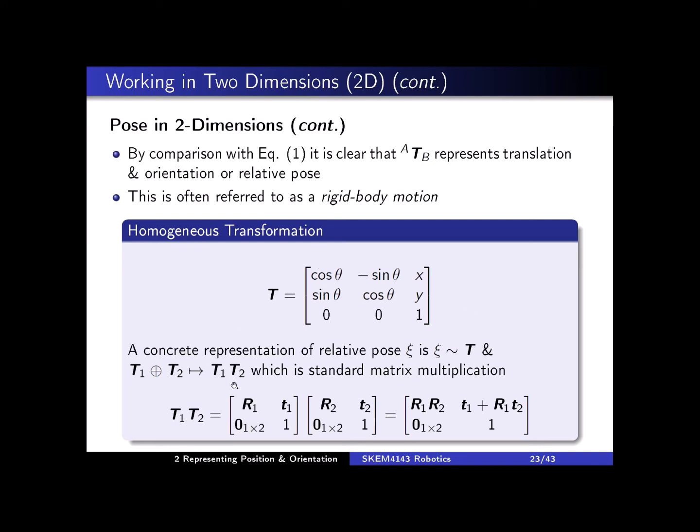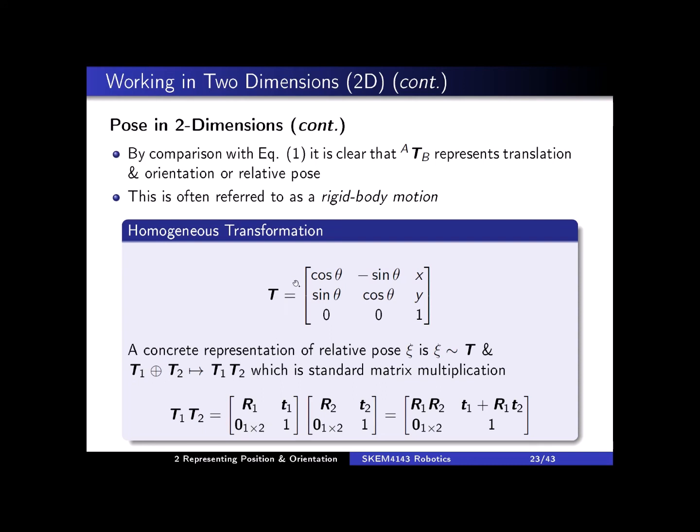Previously we said that we could compose 2 poses, but we had not determined the composition operator, and it turns out that it's just multiplication, right?